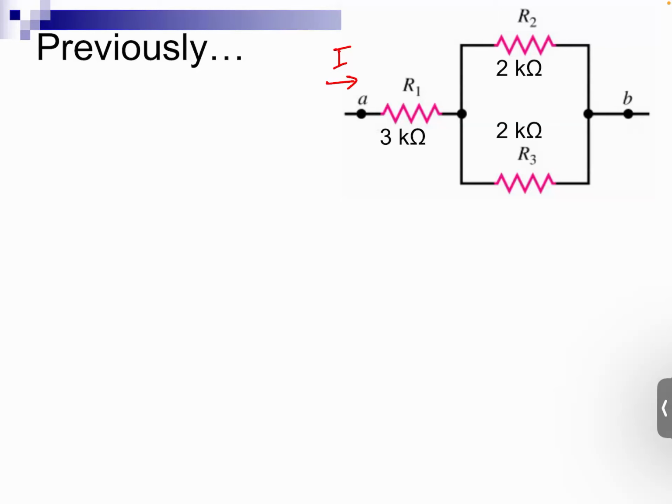Yeah, if you put a dummy current through point A, okay, that current passes through R1, all of that current. Then it encounters this junction where the current divides. The divided current goes through each of the 2 kilo ohm resistors, and then that current combines at this second junction here.